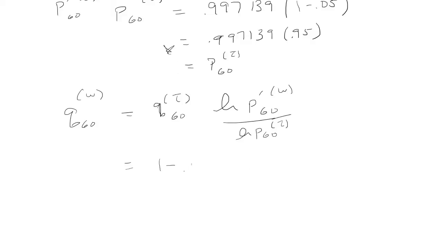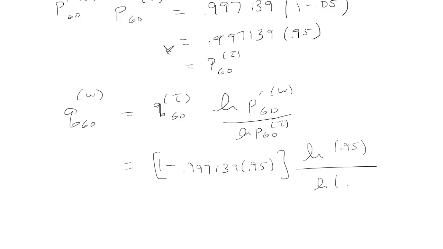So it's 1 minus 0.997139 times 0.95. We have ln p prime 60 decrement w. Well, that one was given. The corrected value was 0.95.